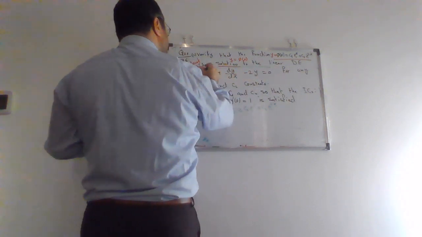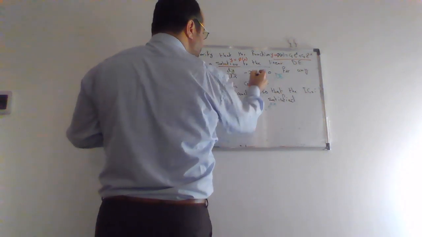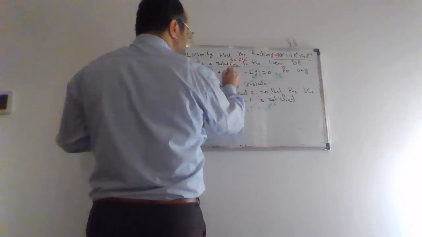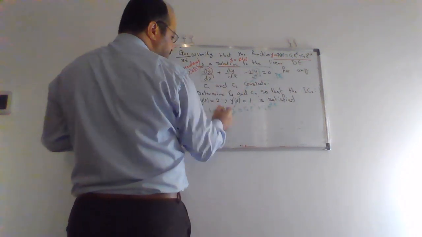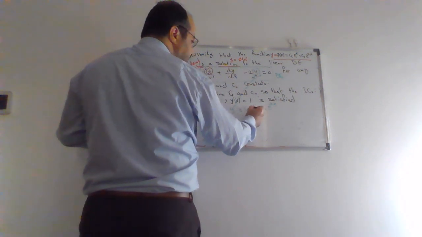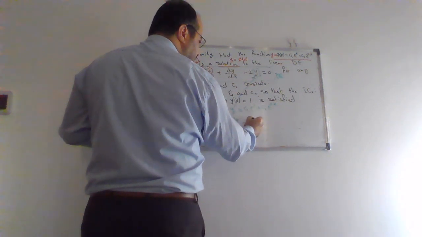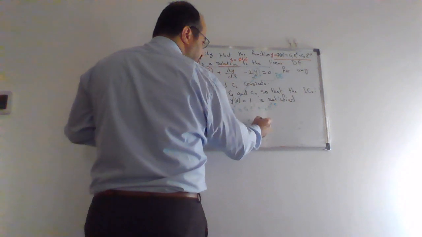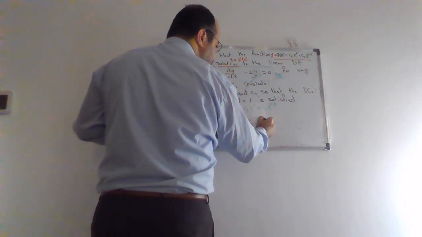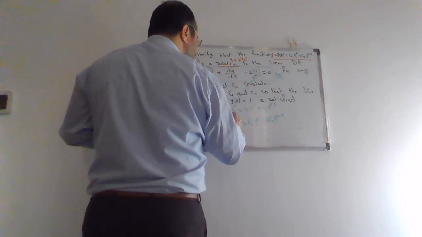Now what should I put for dy over dx? dy over dx is the derivative of this with respect to x. The derivative of e power x is e power x, and the derivative of this, by chain rule, you get minus 2 c2 e minus 2x. Now I know what to put for this guy here.